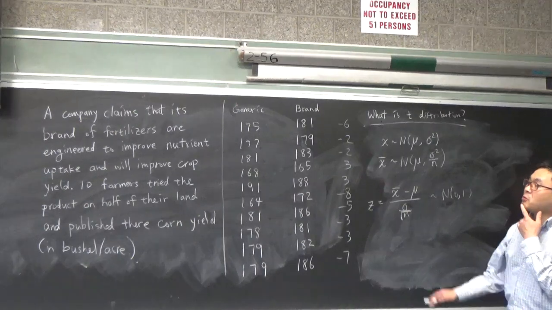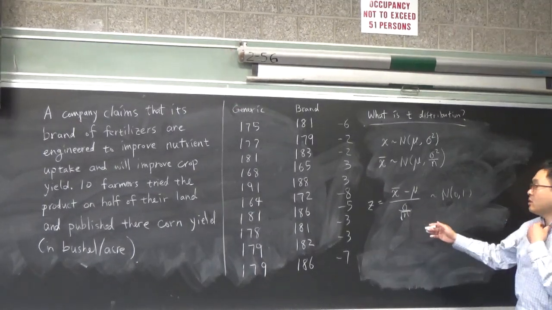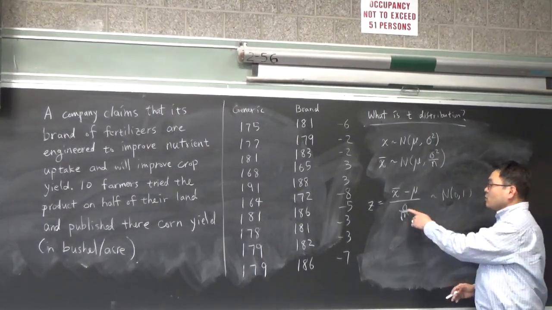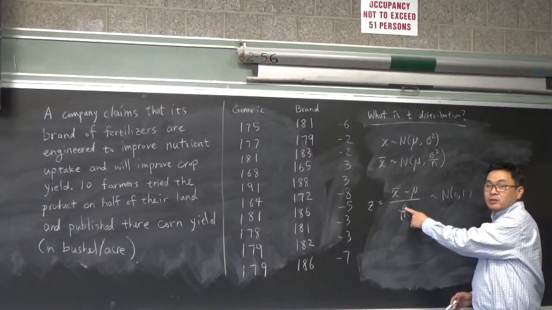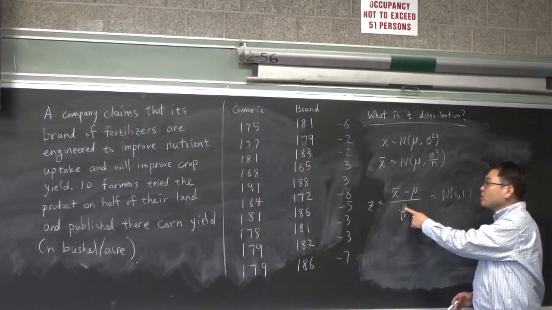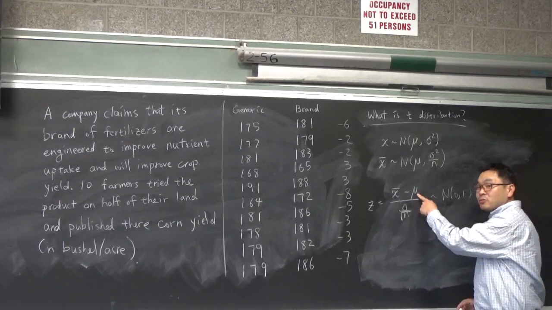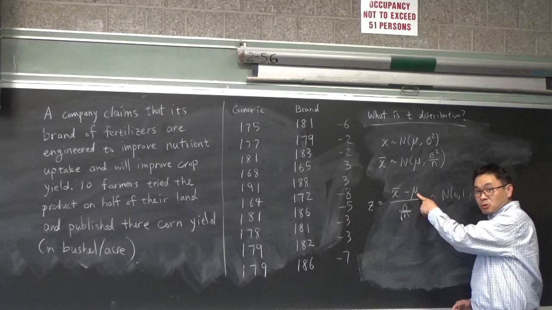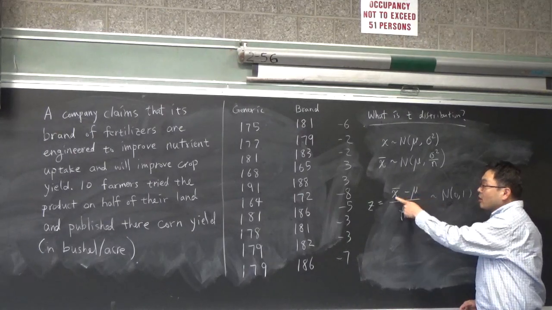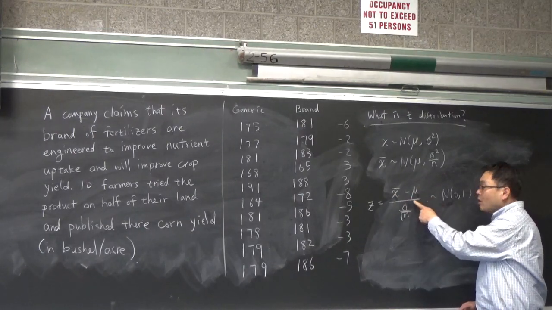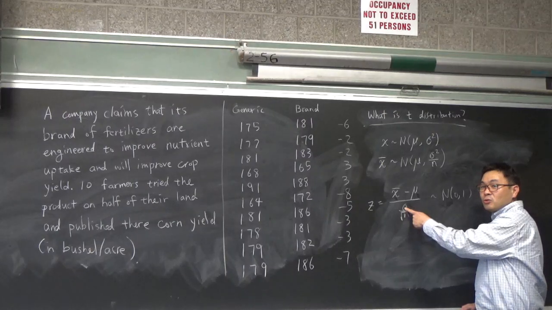But the problem with this kind of approach is that in most cases you don't know what sigma is. Right? When you do hypothesis testing, you get a sample, and the null hypothesis is about the mu, right? So you can calculate this, and this, but you don't know what sigma is.